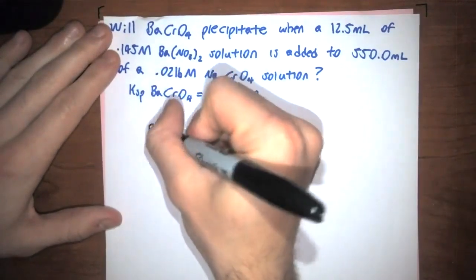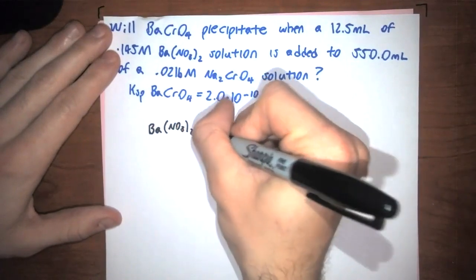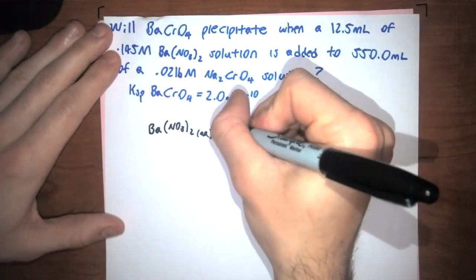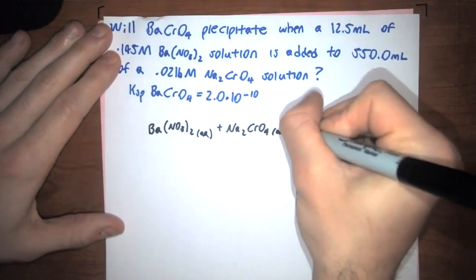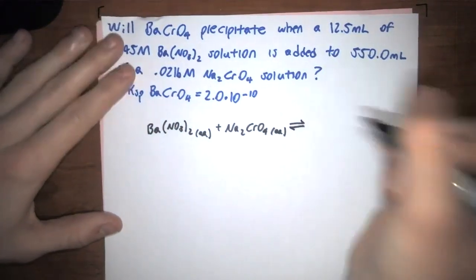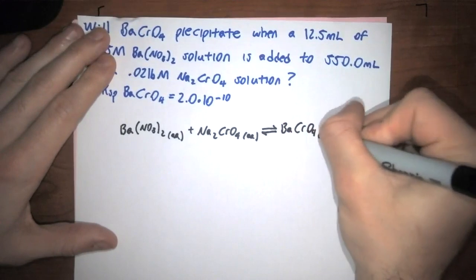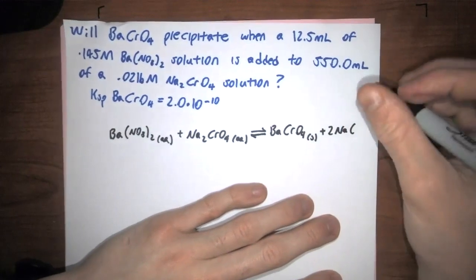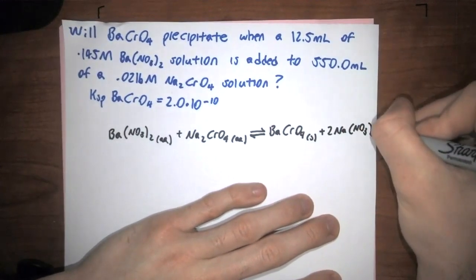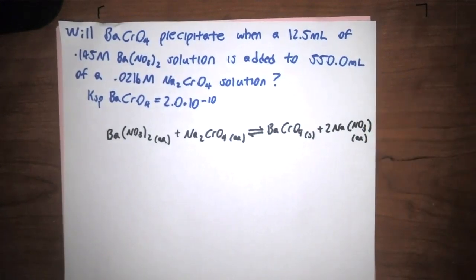So I have barium nitrate, which again, barium is 2+, so I need 2 nitrates, aqueous, plus sodium chromate, aqueous, is in equilibrium with barium chromate, solid, and 2 NaNO3, aqueous. So we now have a balanced chemical equation.